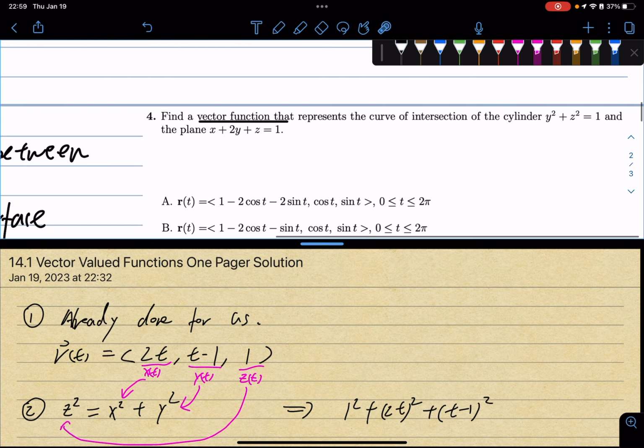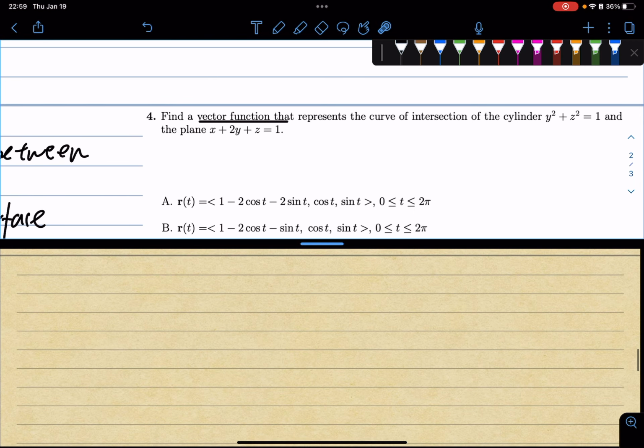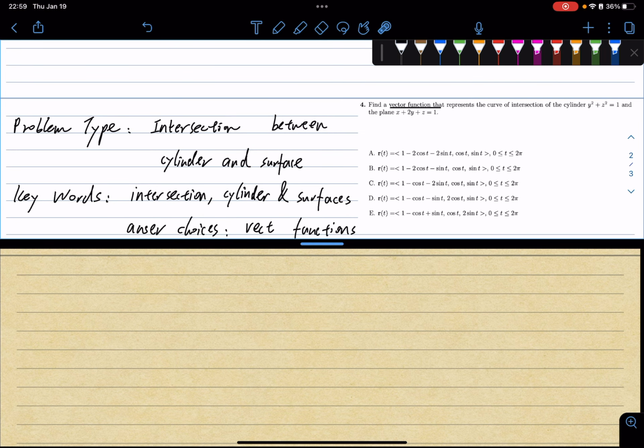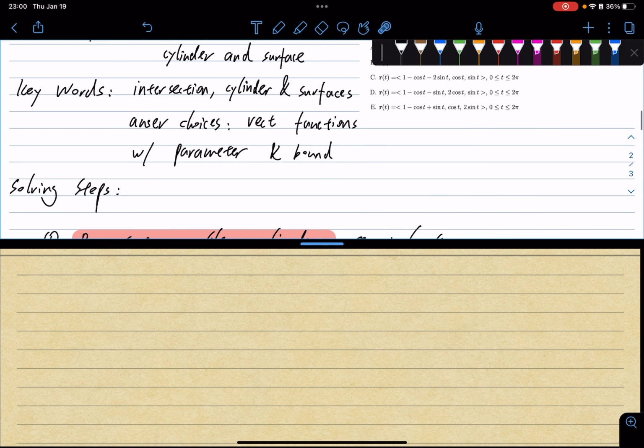But the problem is, the parameterization is nowhere to be found. There's no t in here. That tells us we need to parameterize so that we can get an answer matching the answer choices. Okay, enough of the rambling. Let's go ahead and actually solve it.